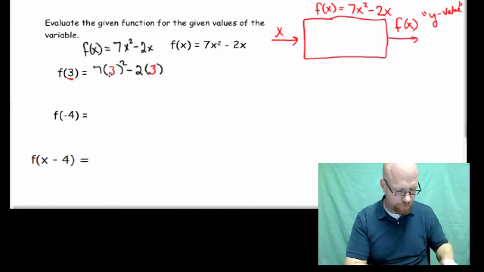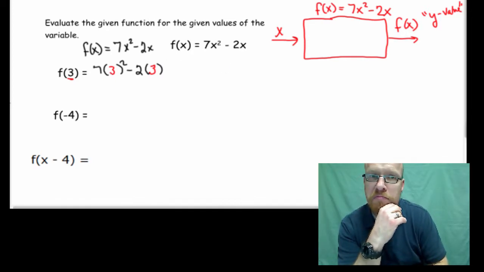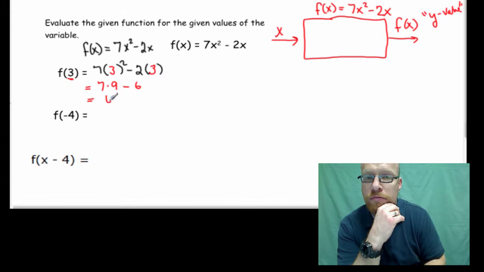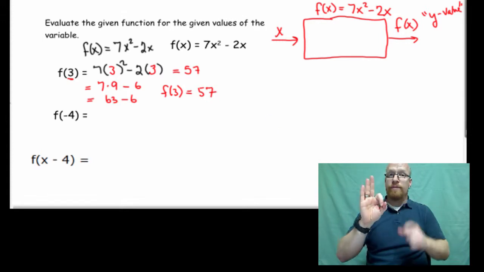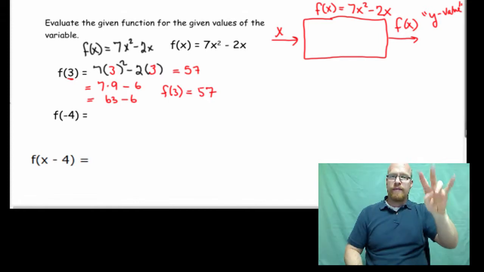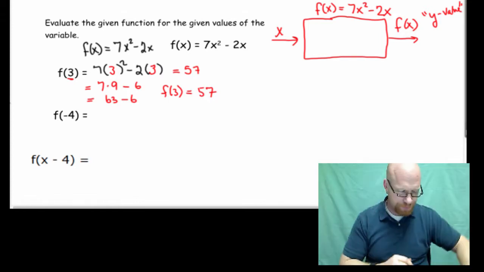Now we'll compute the answer. So we can say f of 3 equals 57. Now we'll work on f of negative 4.